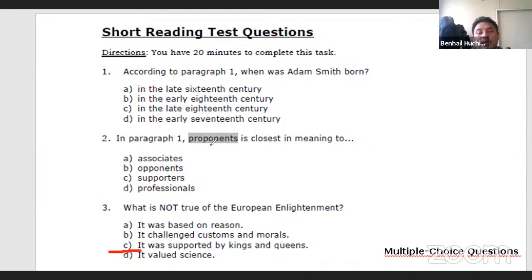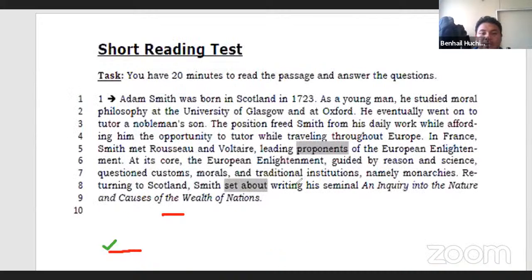Okay, and that is a correct answer. It was supported by kings and queens, that is not true. In this passage, they question customs, morals, and traditional institutions, namely monarchies.